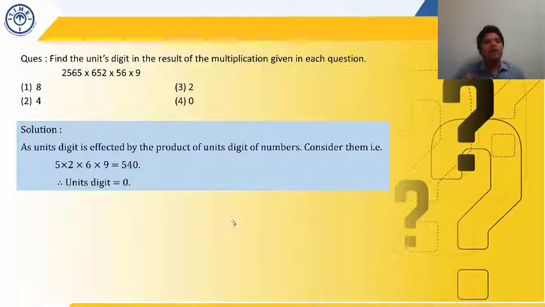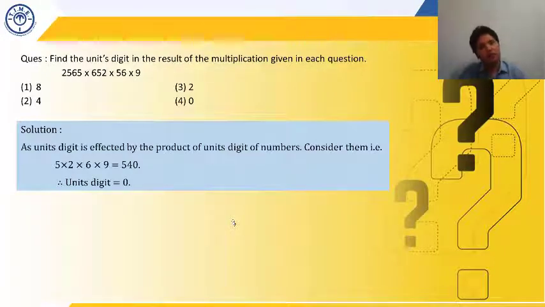Whenever we have 5 in the unit digit of any number in a multiplication, here we need to find the unit digit of 2565 into 652 into 56 into 9. Now we have 5 in the units place of one of the numbers. So if we have 5 in the units place, then 5 multiplied by any even number will give you 0, and 0 multiplied by anything will always be 0, right? 5 into 2, 5 into 4, 5 into 6, 5 into any even number will give you 0 as its unit digit.